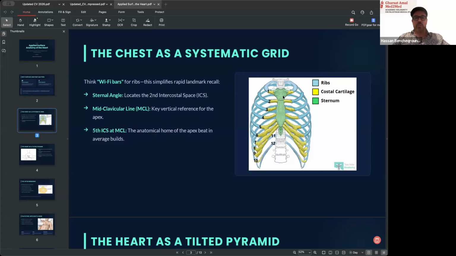We have the sternal angle. We have the mid-clavicular line. This is the clavicle. The mid-clavicular line comes through here. You have the fifth intercostal space. Okay, so this is how we speak to where that landmark is.